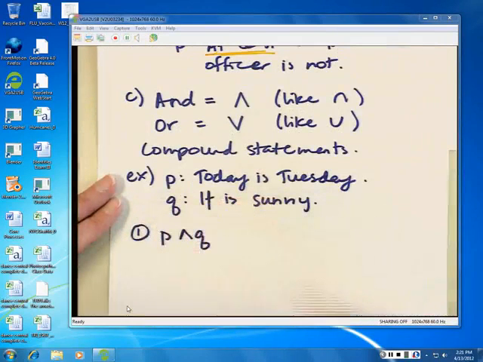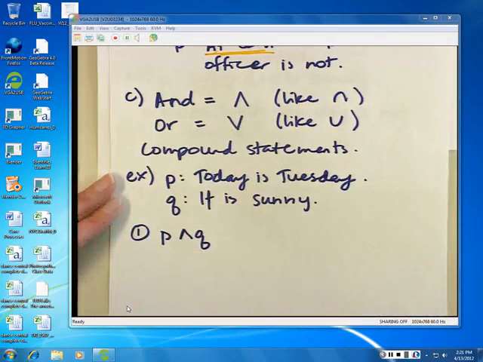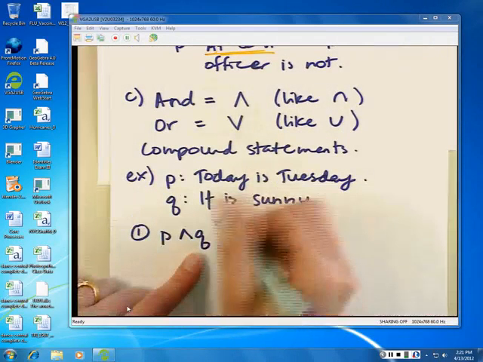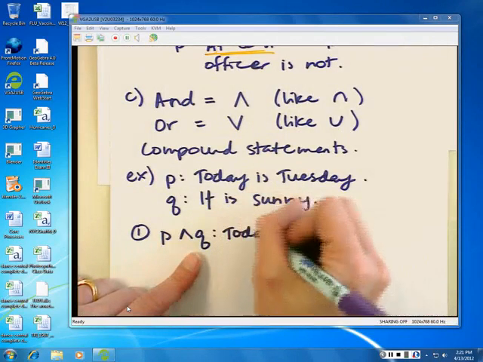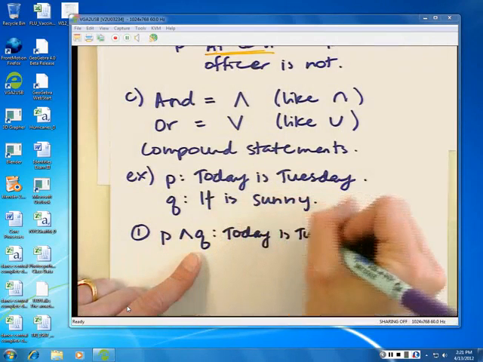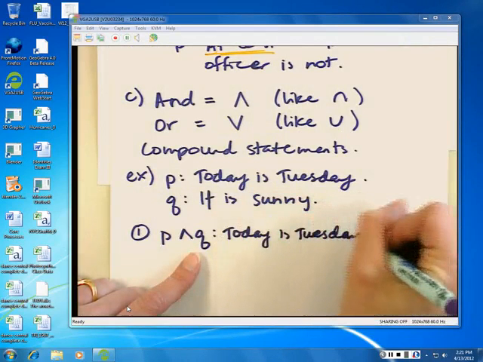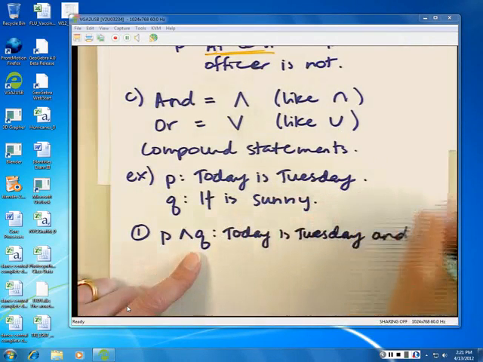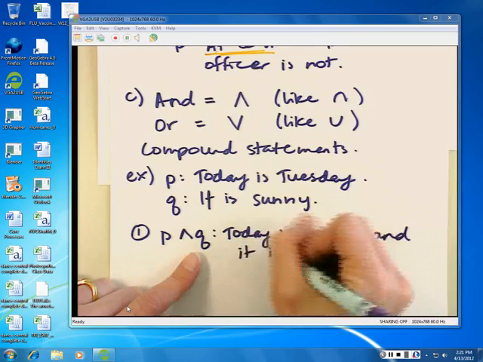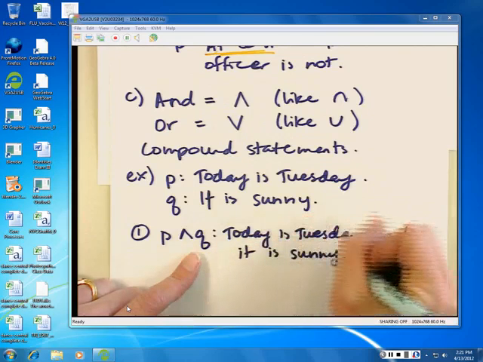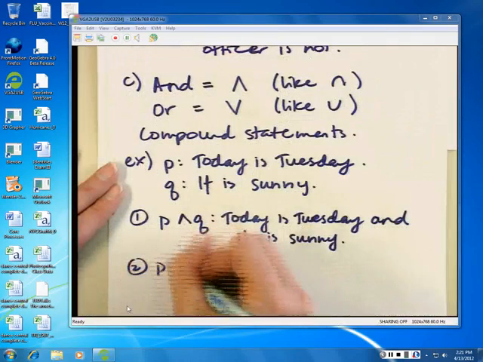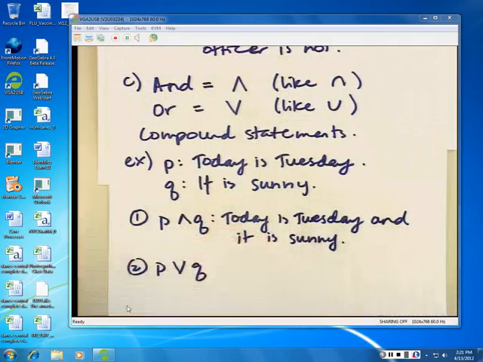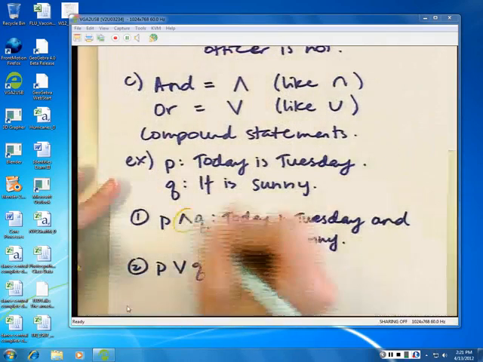So see how we're getting away from all that language and into symbols? It looks a lot more like algebra and like math. But really what this represents is today is Tuesday and it is sunny. Number two, P or Q. And I always remember this because if it's upside down, it's almost an A, right?